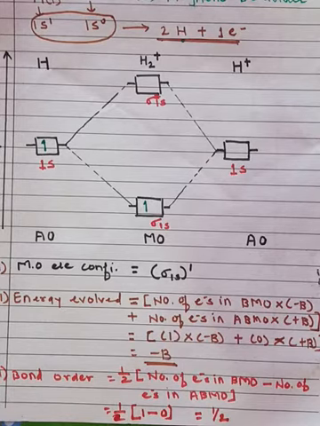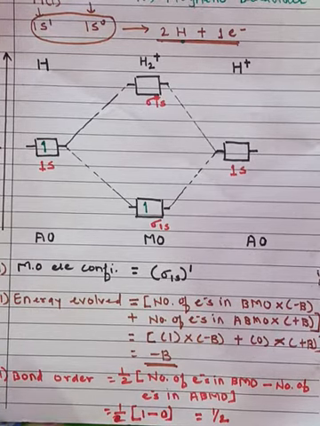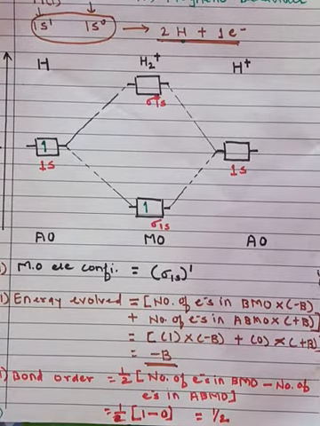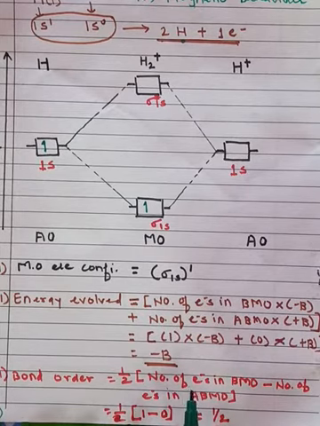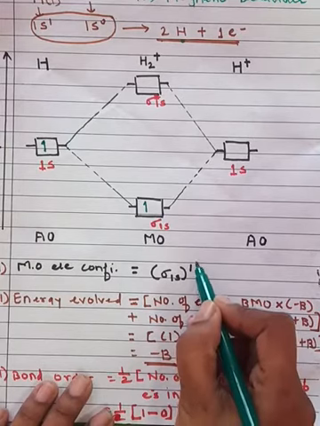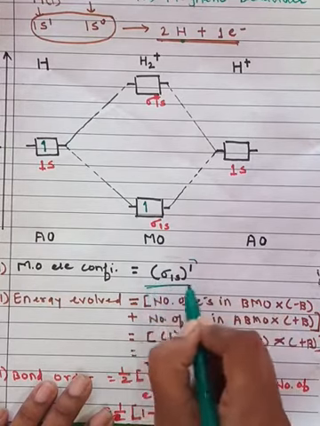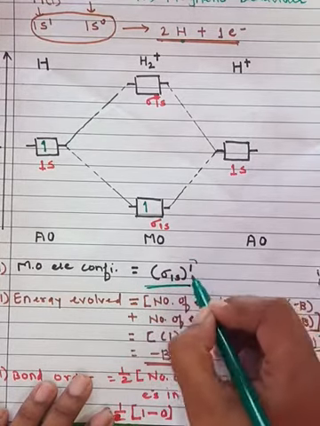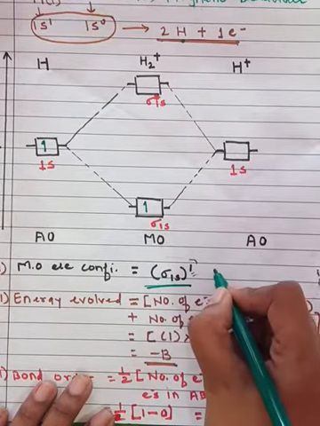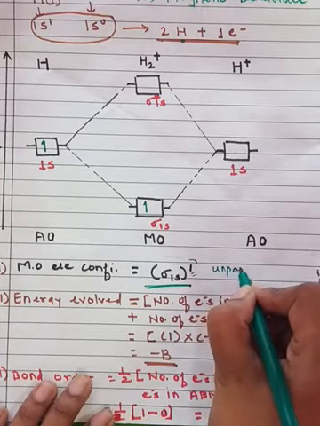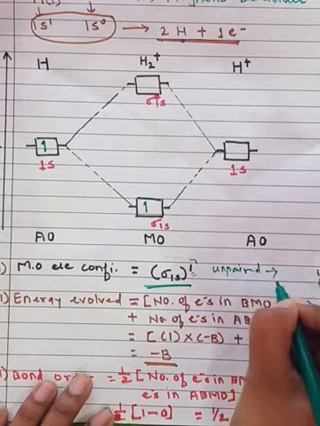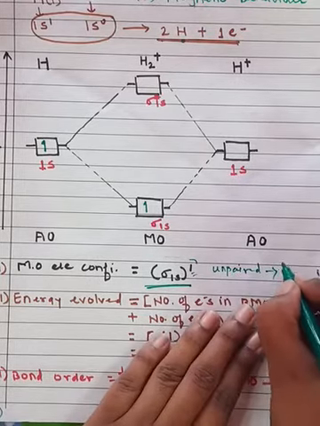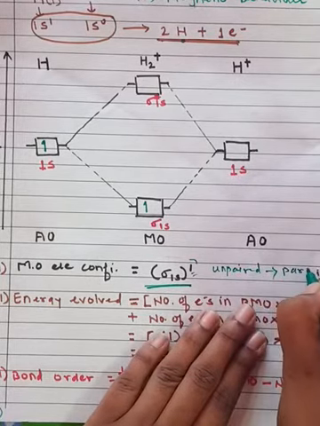Okay, then let us find out the fourth factor. What was the fourth factor? The fourth factor was the magnetic behavior. So how to find out the magnetic behavior? This magnetic behavior depends upon the last entering electron. That means we have to find out the MO electronic configuration. When the last entering electron is unpaired, then it shows the magnetic behavior called paramagnetism.